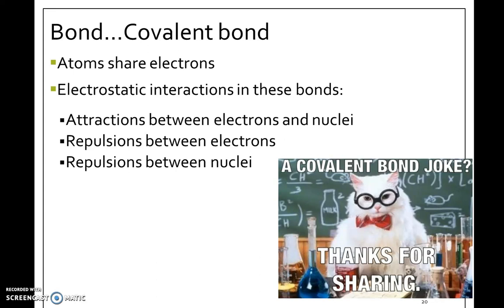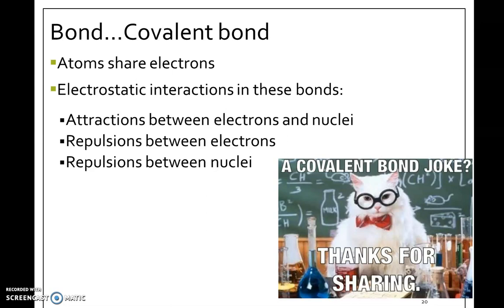So when we talk about shared electrons and bonds, what this means is there is an attraction between the electrons and the nuclei of the two species. But you also have to think about the repulsion. The nuclei are positive, so two positives repel. Two electrons are negative, so they also repel each other.